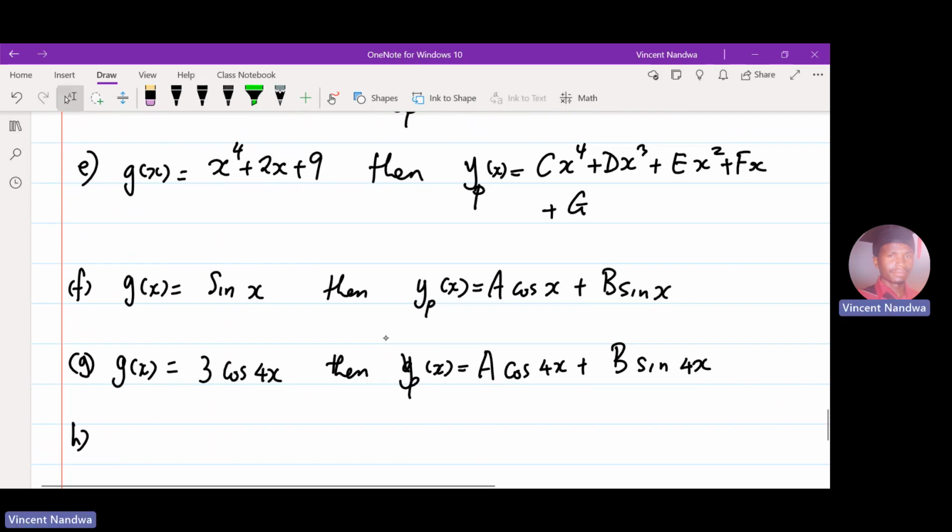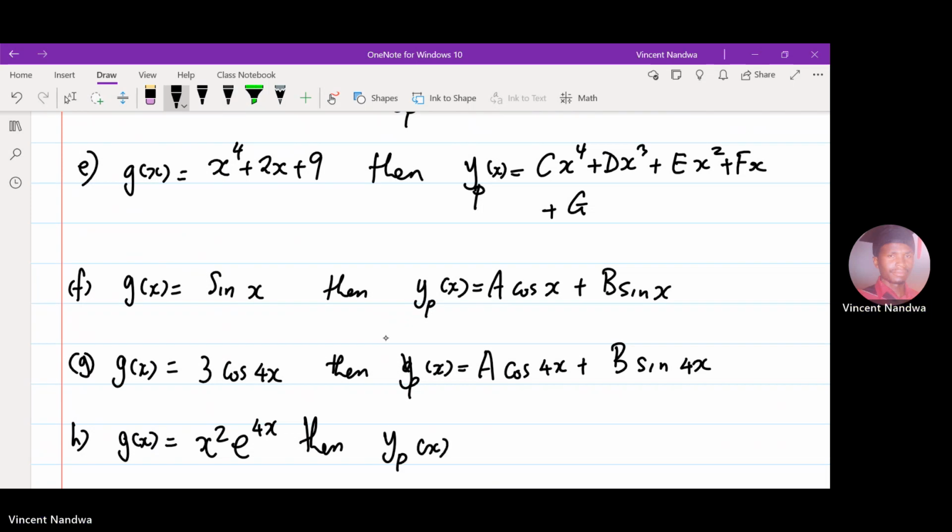And then if g of x is given by x squared e power 4x, what will be yp? A0 plus a1x plus a2x squared.